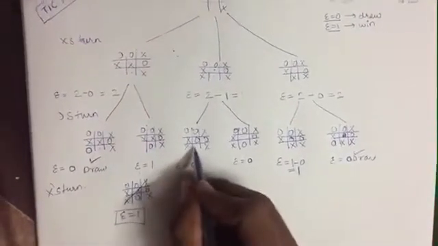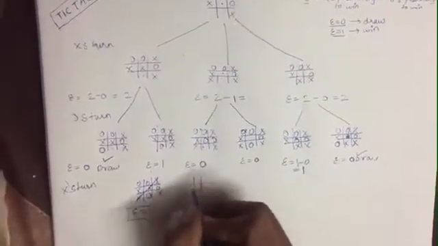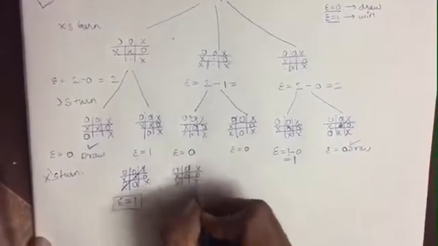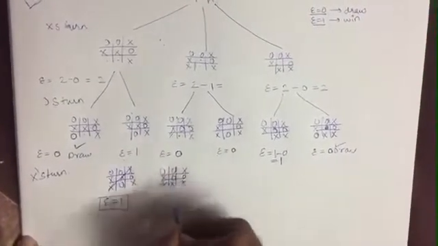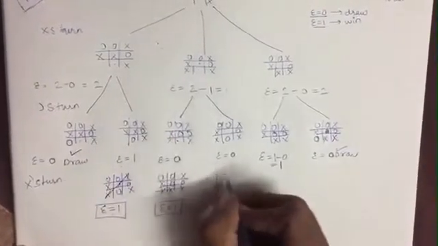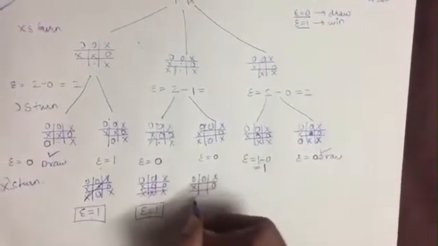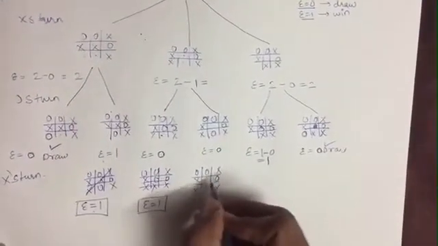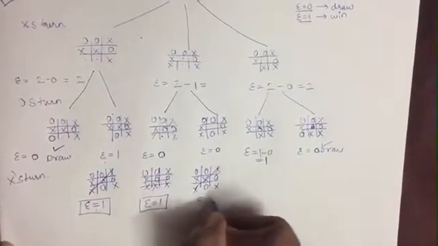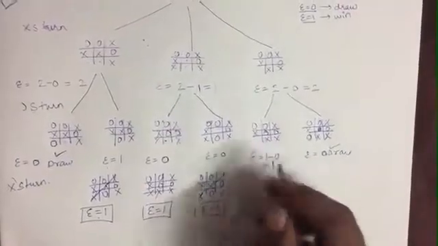And over here, if you keep X over here, so here X will win again, so here E is equal to 1, again win. Now you have to keep X over here, so this will also win. In this one, if you keep X over here, it will win.